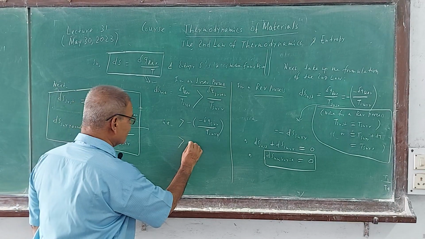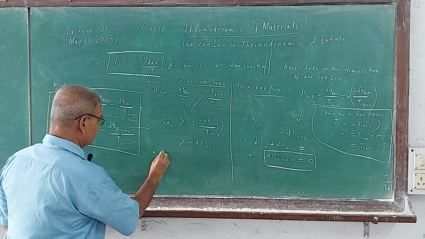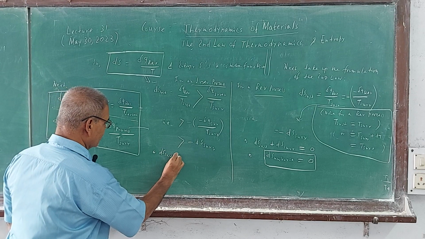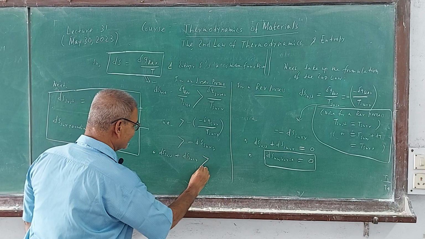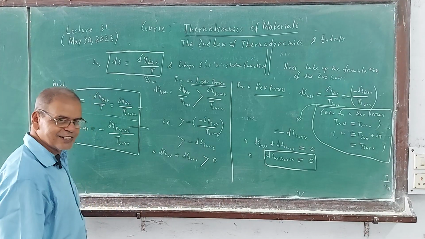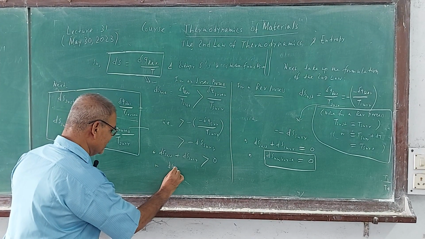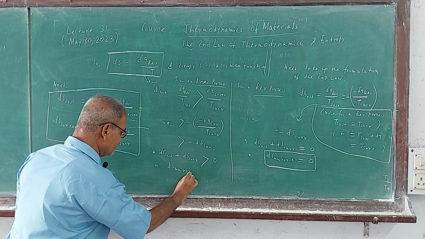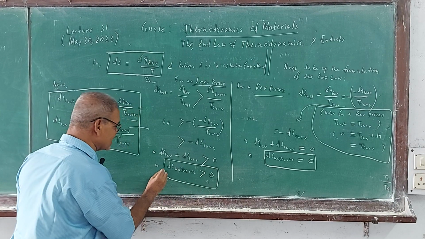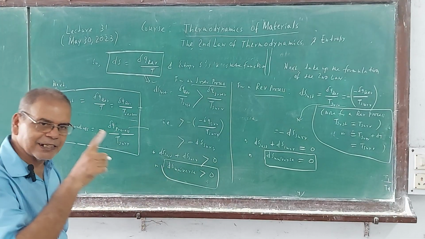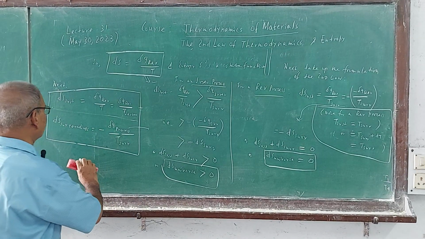So greater than minus dS surrounding, or dS system plus dS surrounding, sorry, is greater than 0, or dS universe greater than 0. This is a fantastic observation. In one case it is 0, another case greater than 0, and this is verily the second law of thermodynamics.